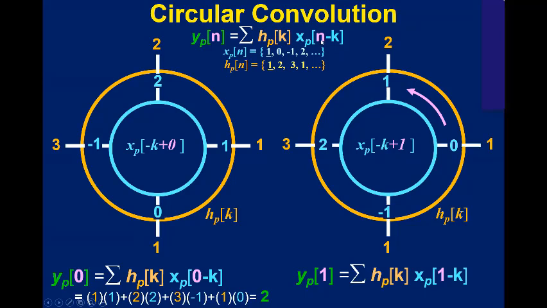That's how we've applied the shift now, the minus k plus n. We've shifted it 1 place for n equals 1. Do all the products and sums again. 0 times 1 plus 1 times 2 plus 2 times 3 minus 1 times 1. And we get 7 for that output.